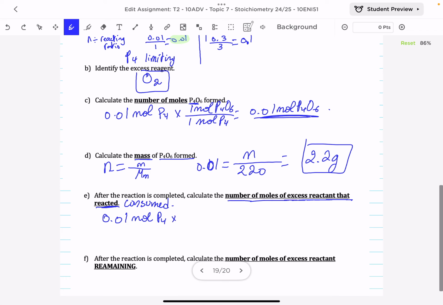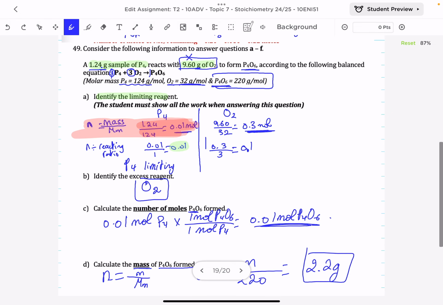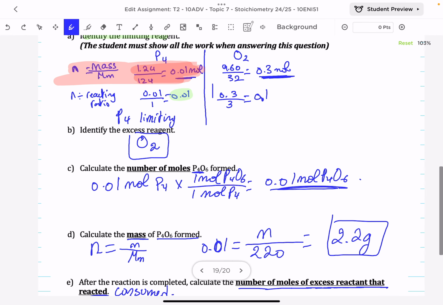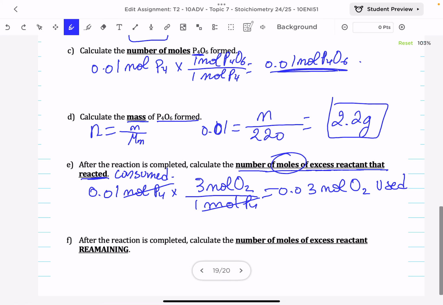But this time, I'm finding the excess. I need to know how many O2 reacted, and the mole ratio is 3 over 1: 3 mole O2 over 1 mole P4. So it is 0.03 mole O2 used, consumed.